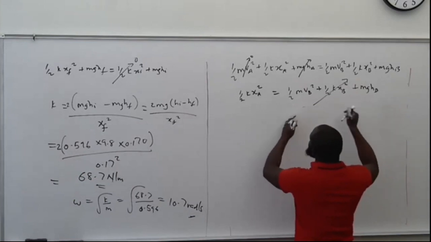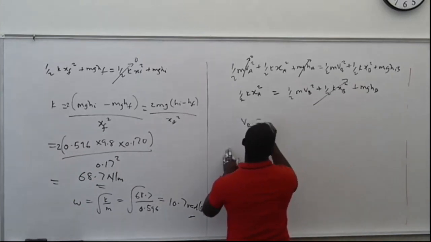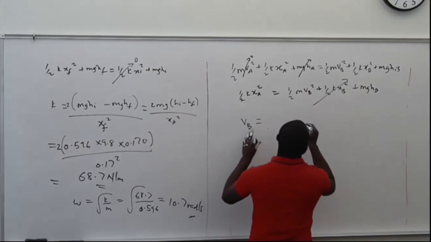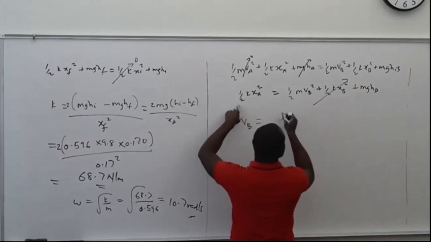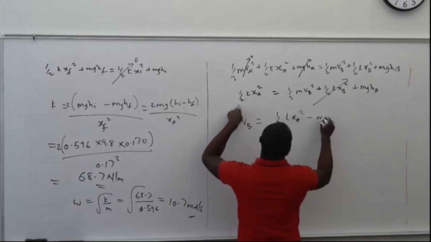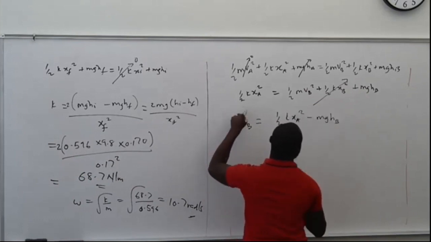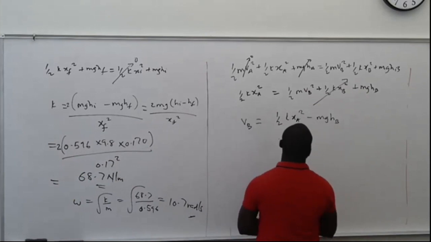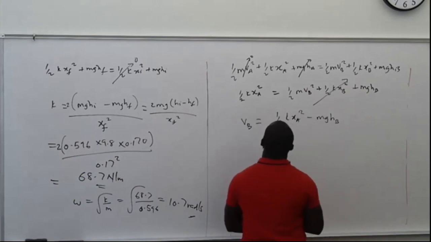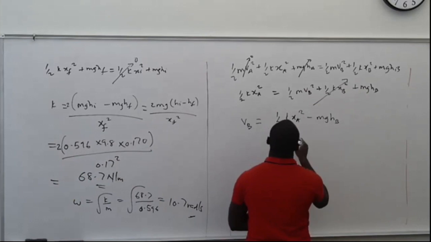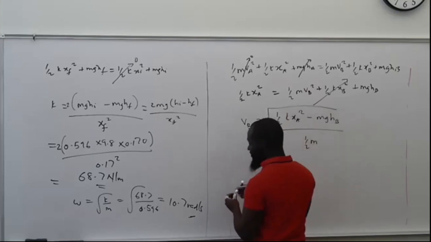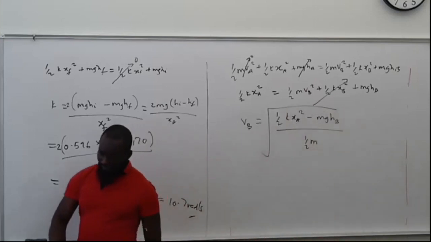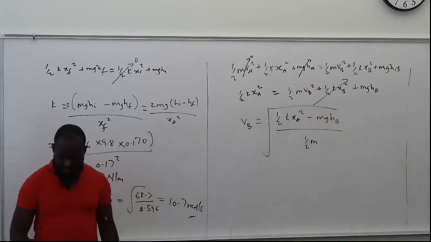So vB becomes half k xA squared minus mghB, and then divided by half m, square root of that, okay? I hope you guys can see that clearly.